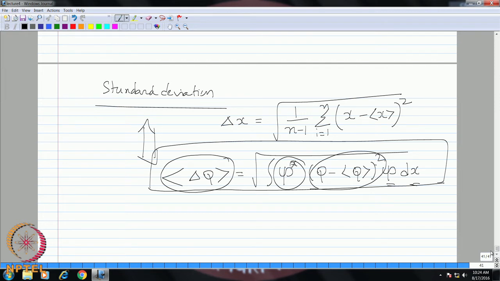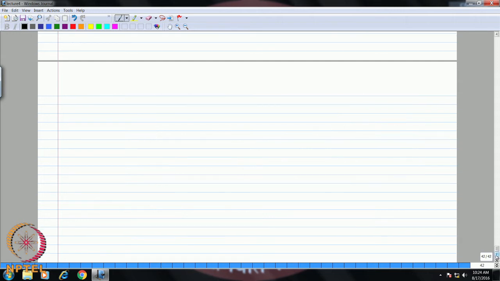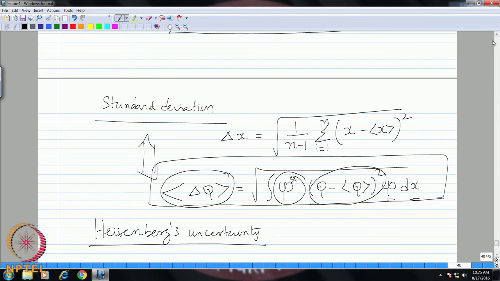Okay. From this we can actually show, we will do some examples today, tomorrow and the next week, that Heisenberg's uncertainty principle is always satisfied if you calculate your uncertainty from this particular expression. Heisenberg's uncertainty principle states that if you consider, for example, the location of a particle in space, you cannot say for sure it is exactly located at a particular position.